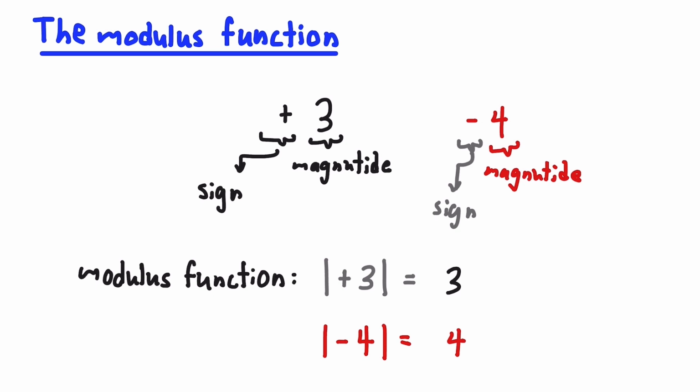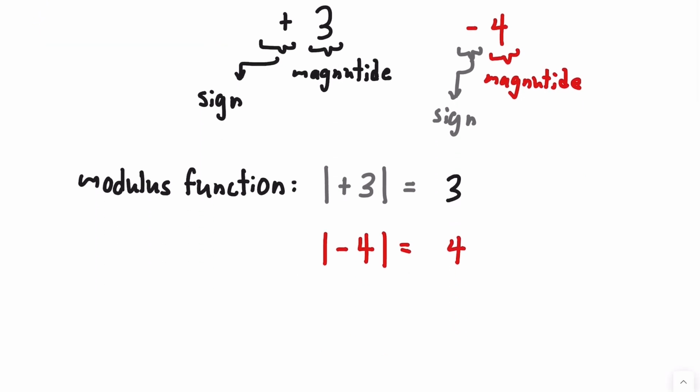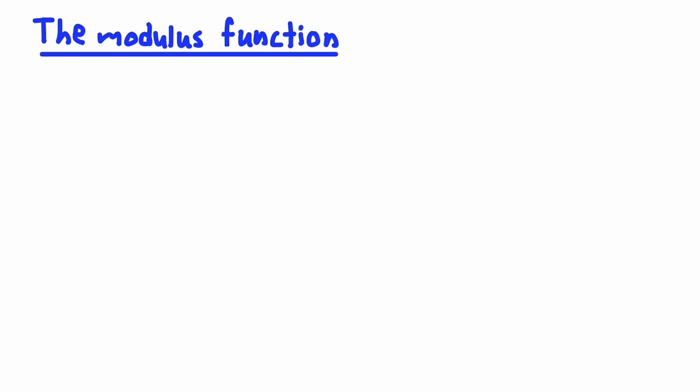Let's do another number like negative 126, and we put it through the modulus function, we will get 126. So the basic idea is that the modulus function removes any sign and brings you only the magnitude of the number.